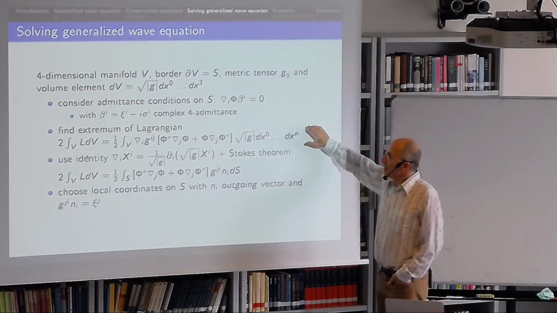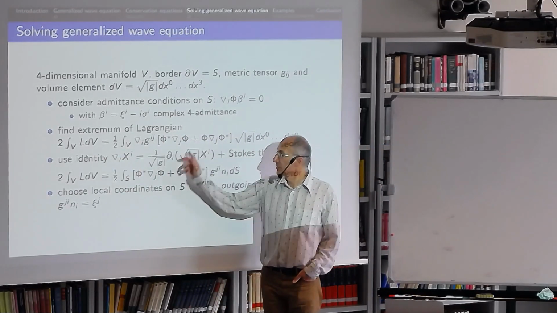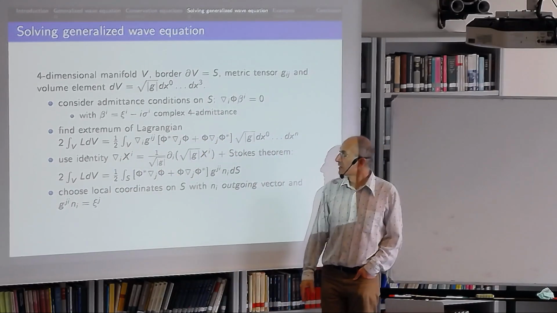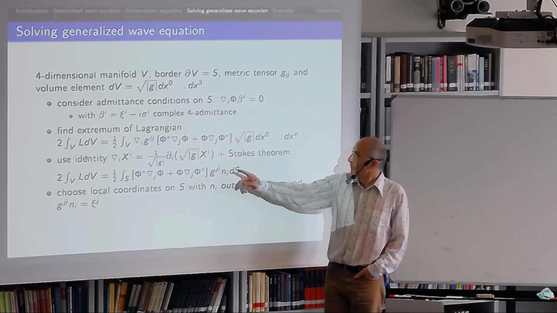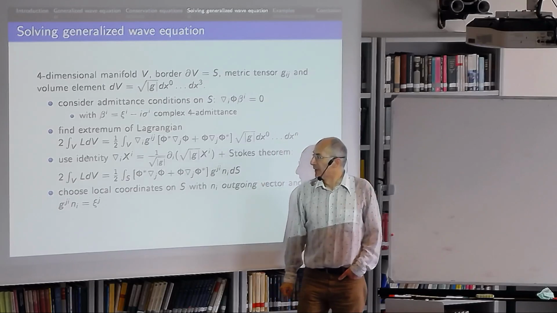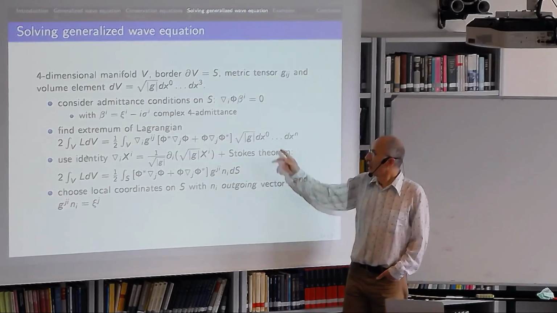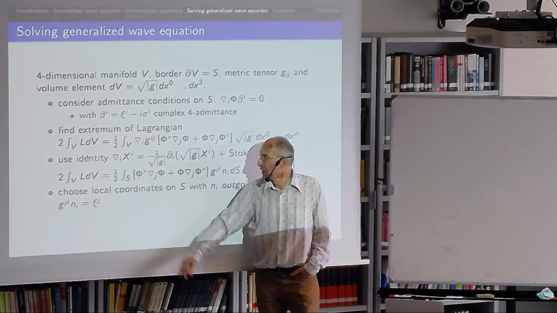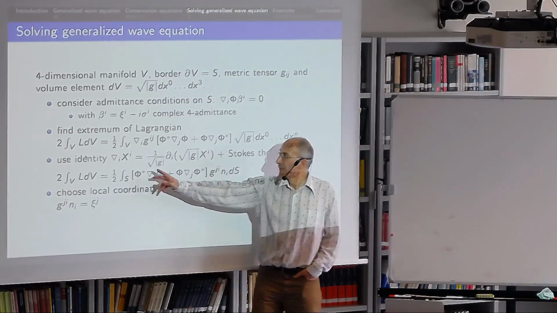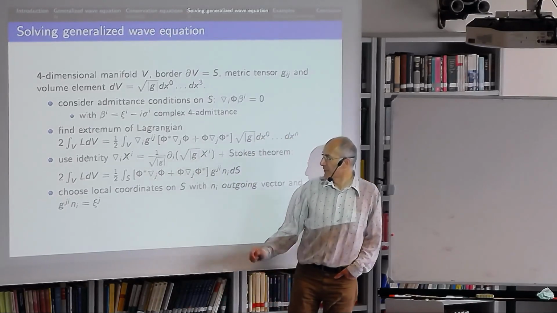equation, the traditional way is to find the extremum of the Lagrangian, which I've been writing here. And when you find here, that's what I call the 4-velocity vector. I integrate it on the whole volume and try to find the maximum by inverting the order of derivative.